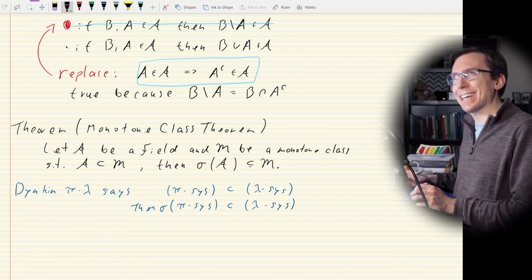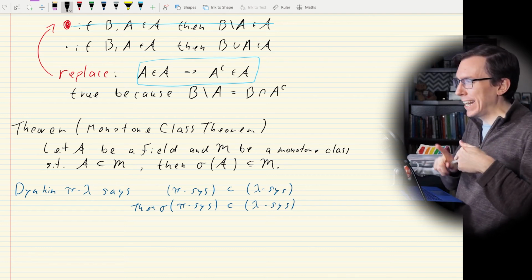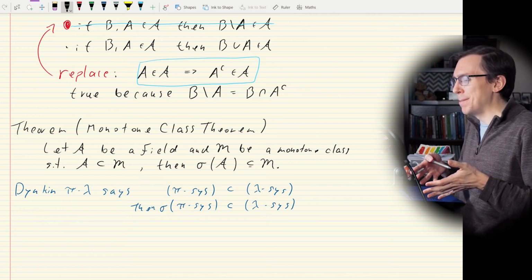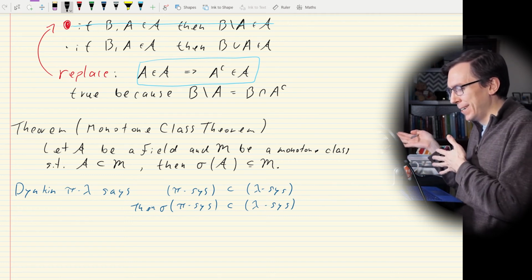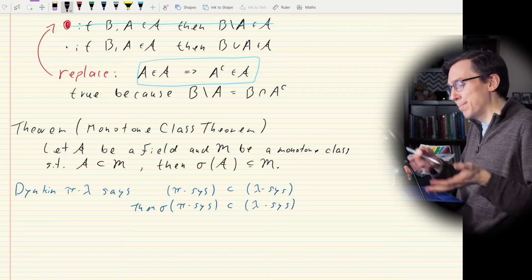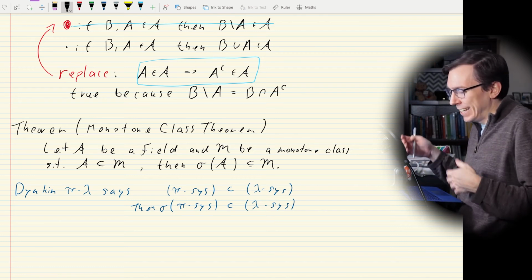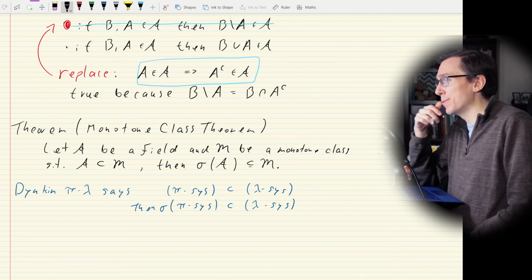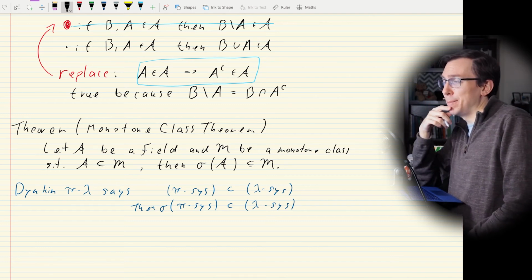So in some sense we have to pick an input and get an output. Do we want a simple input like a pi system and a more complex output like a lambda system? Or do we want a complex input like a field and a simpler output like a monotone class? Some of these can be useful in some contexts and others in others. So it's good to know about both of them.